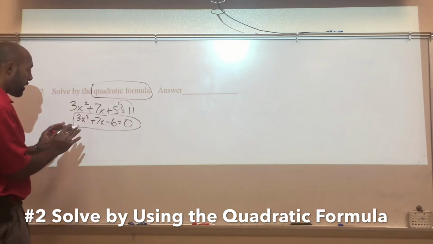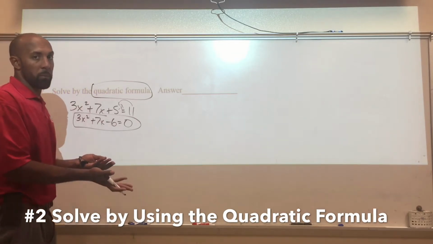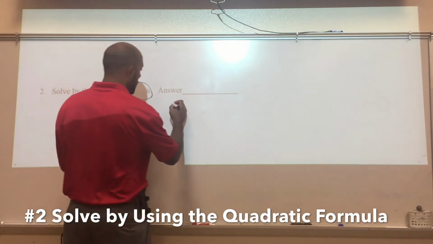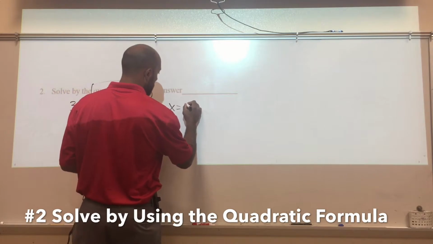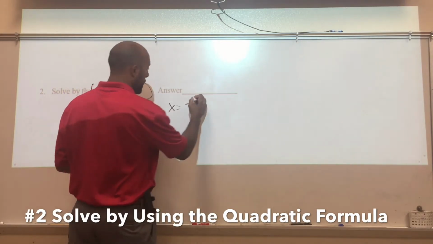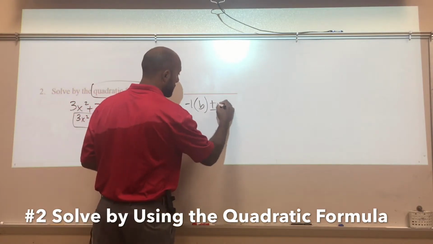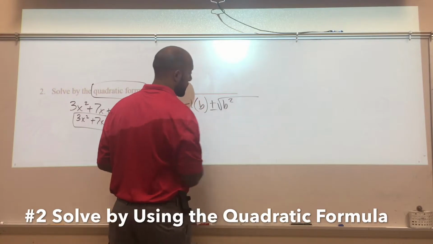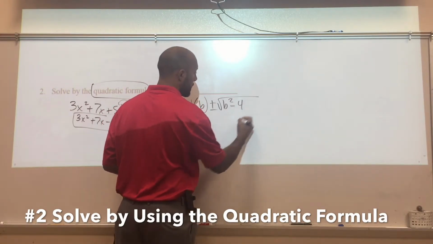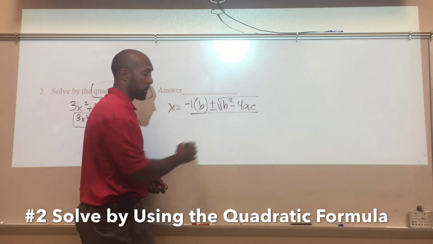Now, before we actually do any work, let's write out the formula so we know where we're going. So x, because that's the answer we're looking for, is equal to negative 1 times b plus and minus the square root of b squared minus 4 times a times c, all over 2a.